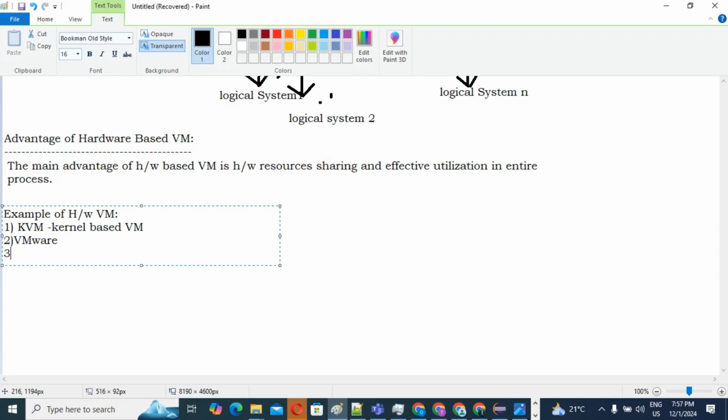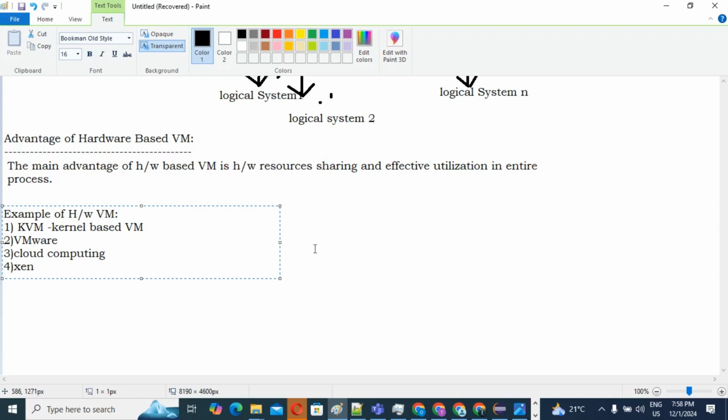And you can also use it in cloud computing, right? In cloud computing you can use a hardware based virtual machine. You might also have heard of Xen. That is also one type of hardware based virtual machine.